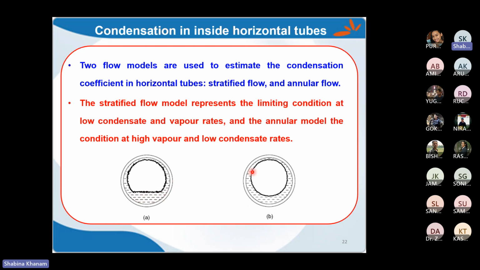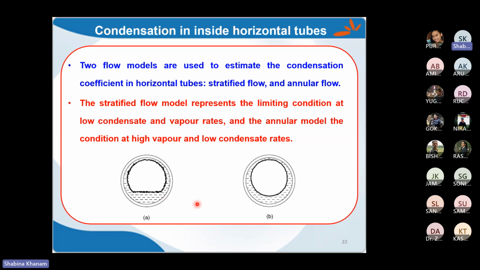In the other case, the condensate flow is less but the vapor flow is high, and whenever the vapor flow is high, it will create that annular formation. Therefore it is called the annular model, and this is the stratified model or stratified flow.